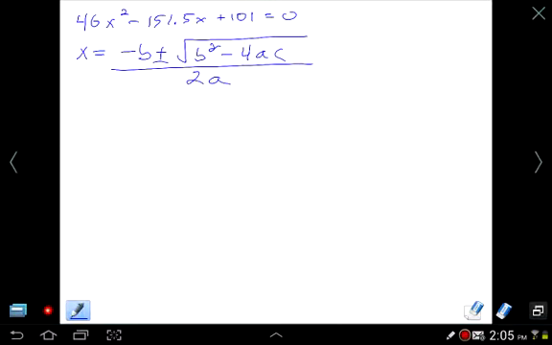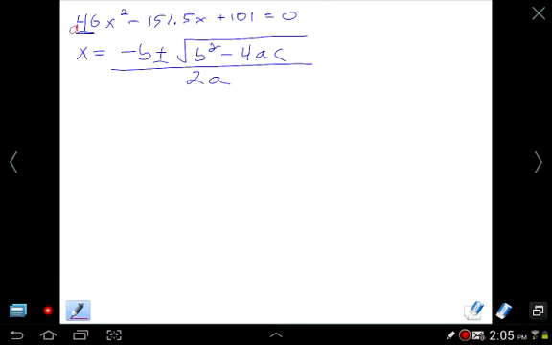This should be familiar to you from a math class, and if it's not, call up your math teacher and demand to know why this is not ingrained in your brain. So if you recall, the a, the b, and the c are simply the numbers in front of the x squared for a. This is your a term.